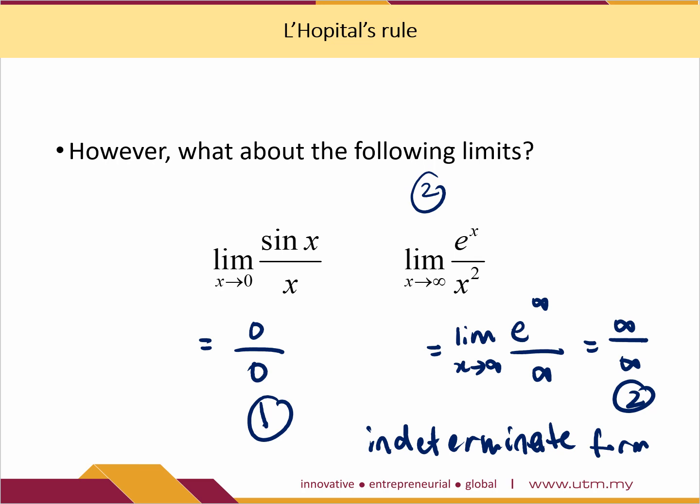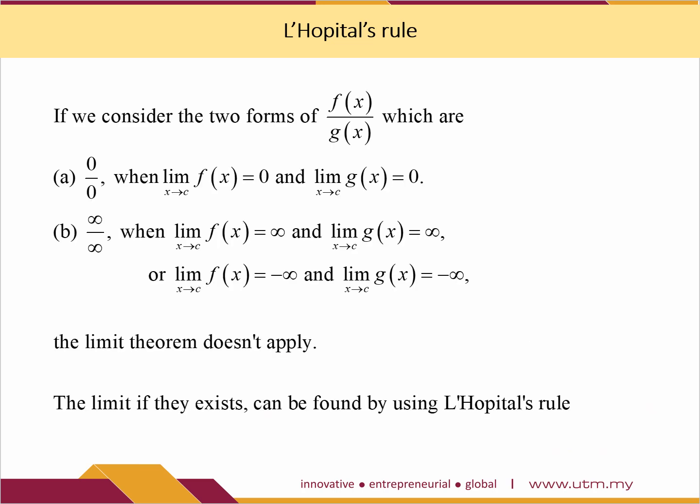If we consider the two forms of f of x over g of x, given that it is in terms of 0 over 0 and infinity over infinity, the limit theorem does not apply. The limit, if it exists, can be found by using L'Hopital's rule. So this is where we need to apply L'Hopital's rule.